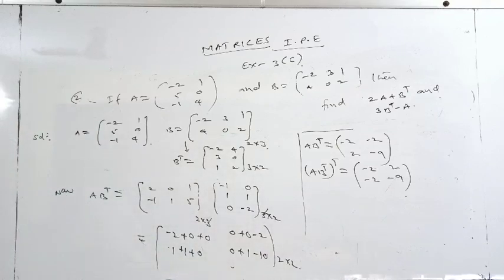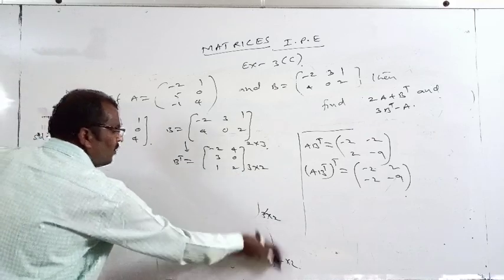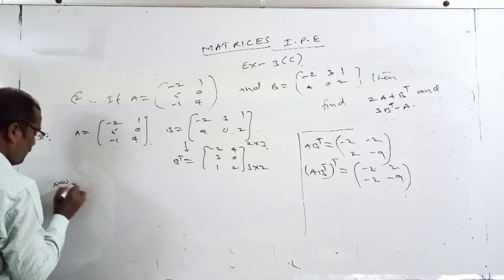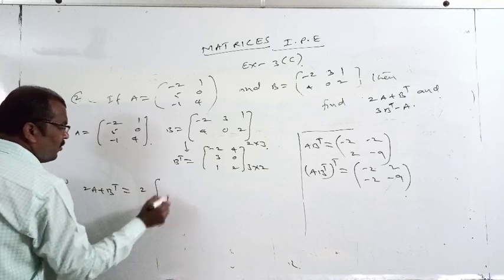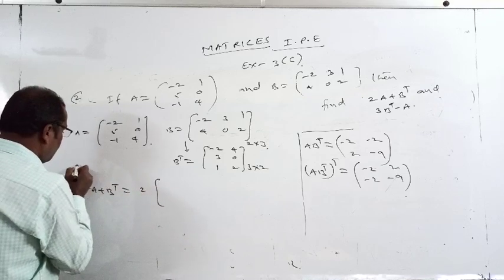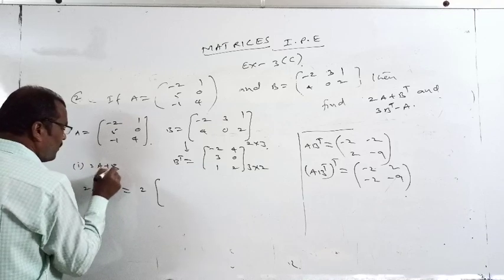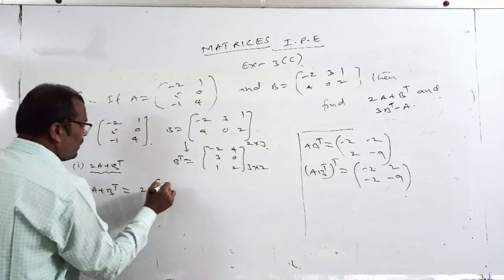Now go for the first bit, 2A plus B transpose. So 2 into what is A? What is A now?